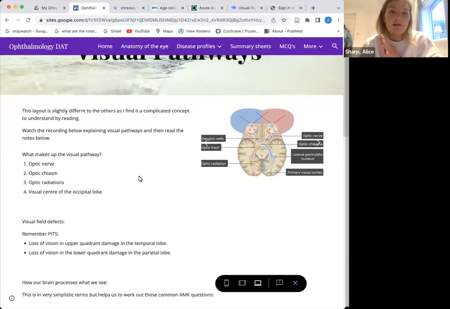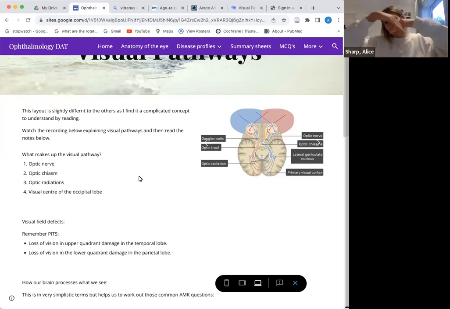So what makes up your visual pathway? You've got your optic nerve, which is a sensory nerve, and it's what allows us to see. You've got your optic chiasm, which is where both of the nerves cross over.